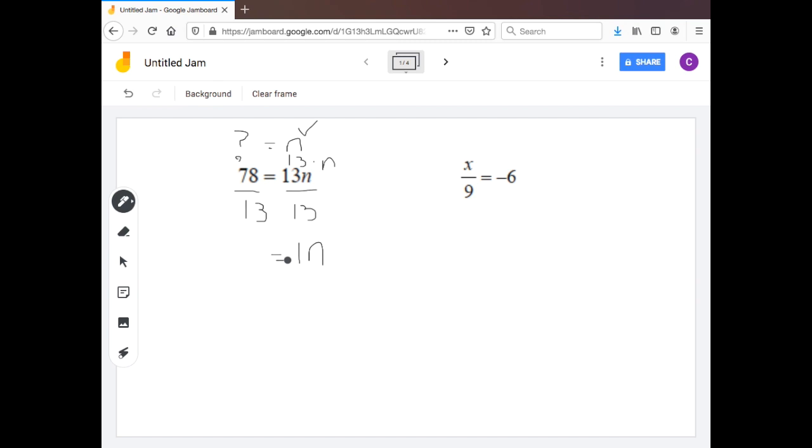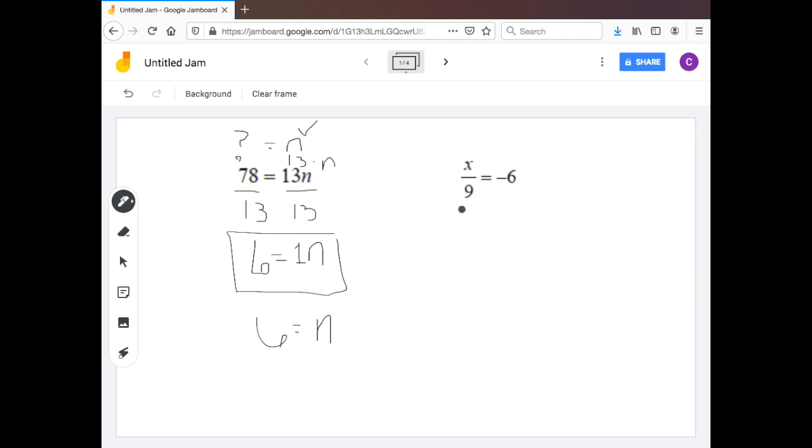You can either do it in your head, or you can use a calculator. 78 divided by 13 is 6. So your answer would be 6 is equal to 1n, or you can just write 6 is equal to n.